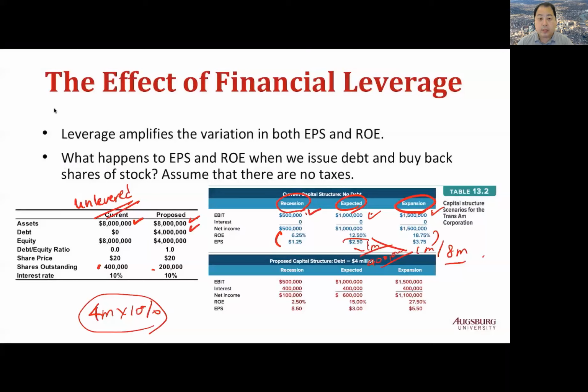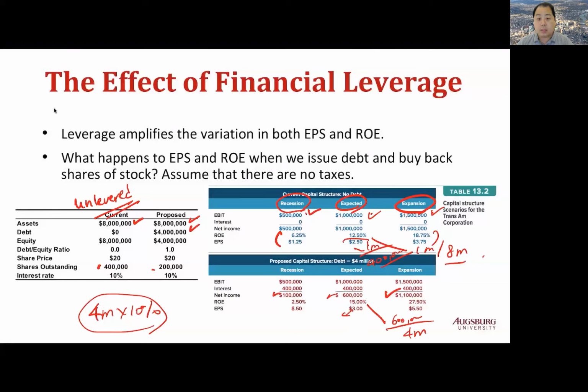After restructuring, we should pay $400,000 interest, so net income in each scenario will decline by $400,000. Then in the expected scenario, ROE is 15%, which is $600,000 net income divided by equity value, $4 million.